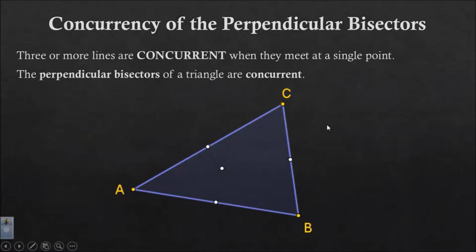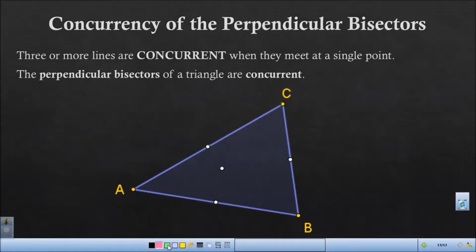Now it turns out that if I draw the perpendicular bisectors of the sides of a triangle, they will meet at one point. So what we have here to start is the midpoints of each of these sides. Knowing the midpoints of each side, I draw a line segment that's perpendicular to that side, and I've got some guidelines here to help me out.